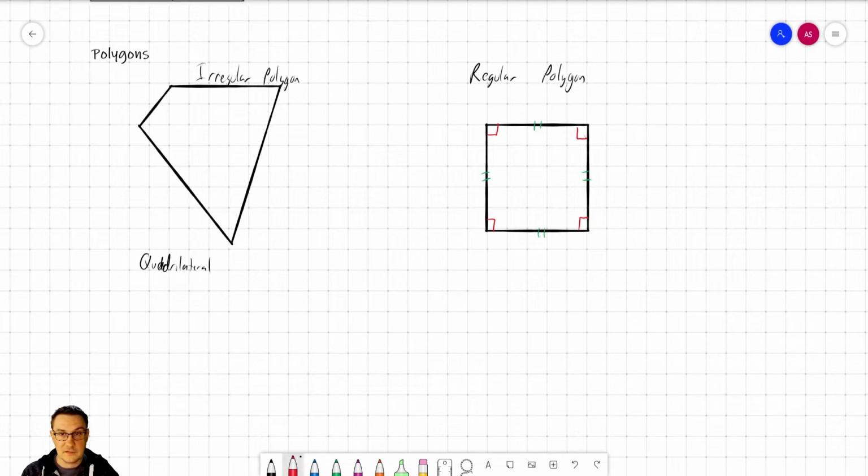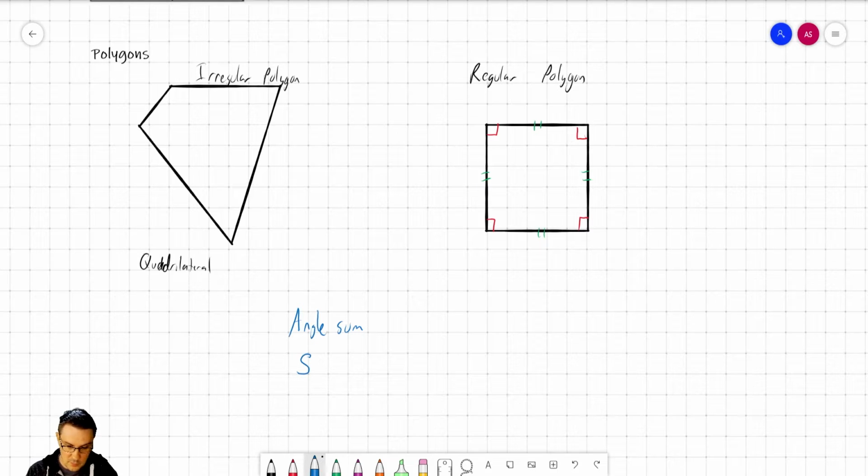Now, one other thing to consider here is the angle sum of the angles inside a polygon. When we are finding the angle sum, it's referring to each of the angles inside. So in the case of a four-sided shape, that's the four angles inside. In the case of a seven-sided shape, that's the seven angles inside. The rule for finding the angle sum uses a capital S to represent the sum of them all.